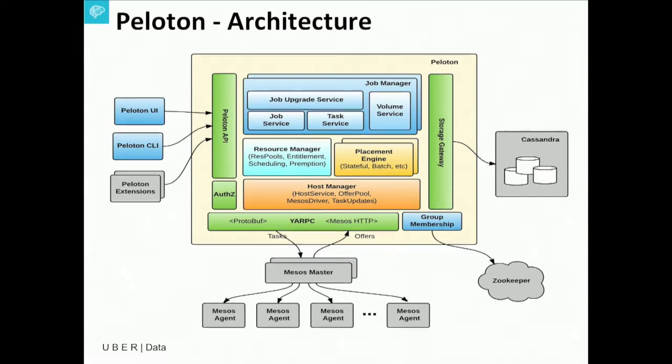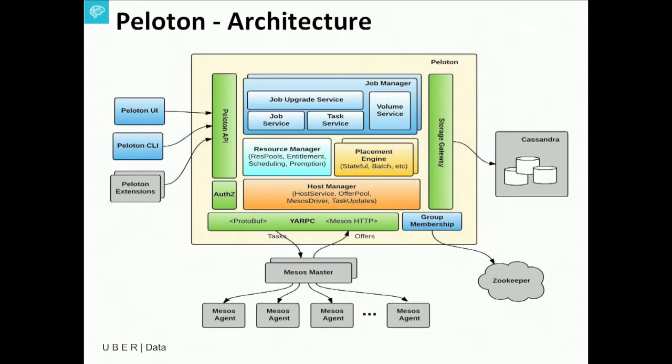The resource management piece handles all this admission control. What is the elasticity in the resources? Which task to be scheduled, which not to be scheduled? What is the preemption? How to do overcommit? How to do oversubscription? So these things have been done in resource manager.